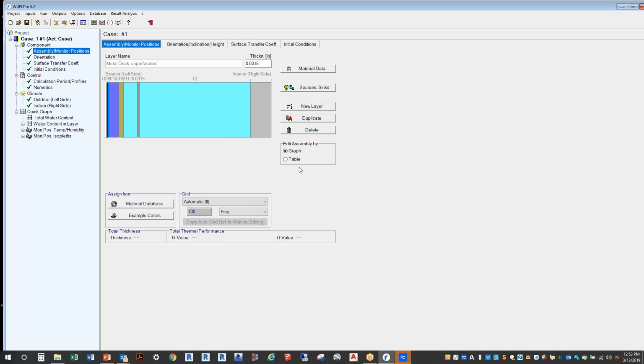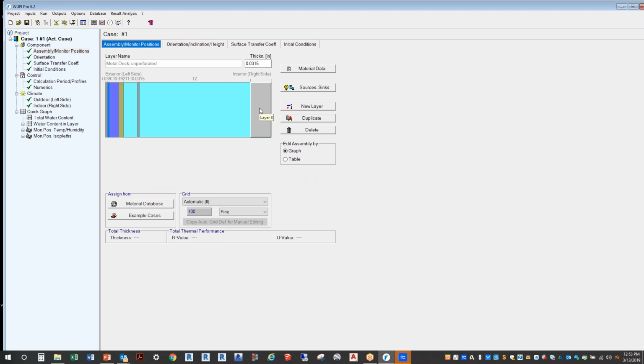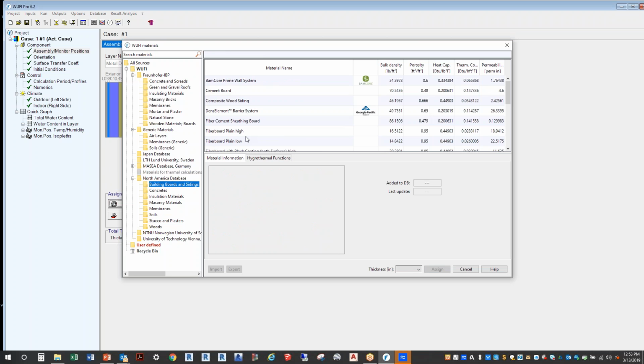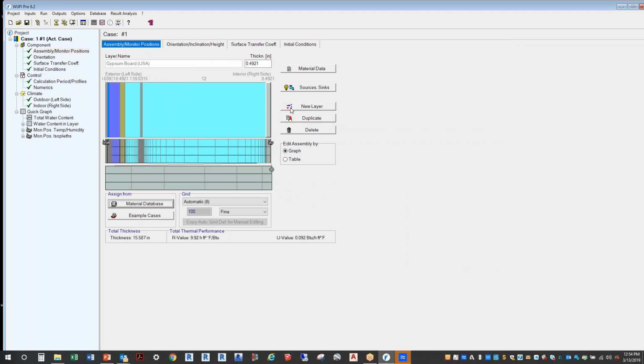Is it the assembly by table? Okay, so I click the table button. Layer 8 is nothing. Delete that layer. Oh, you know what? I didn't assign it, gypsum board, I think is what happened. Let me go back to graph here. I need to assign that as a gypsum board. There, that's what was wrong with it.